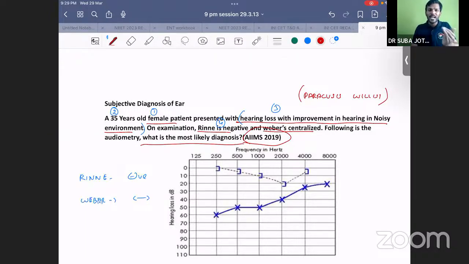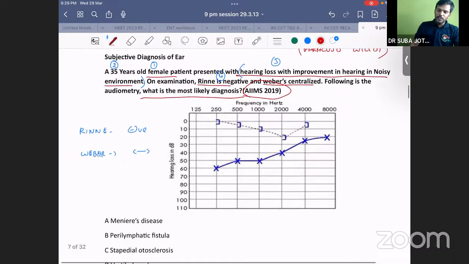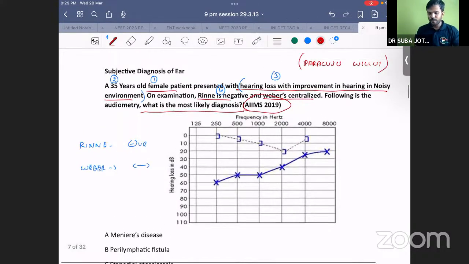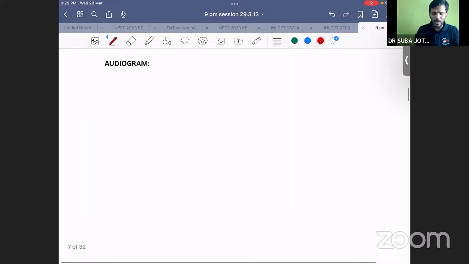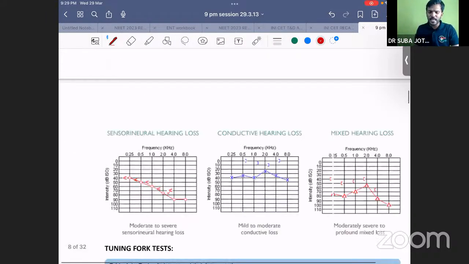This is called paracusis. It's like a paradoxical activity. Again, we'll get back to the audiogram and tuning fork test and we'll solve this MCQ, because it is very high yield. So we have to discuss again and again.